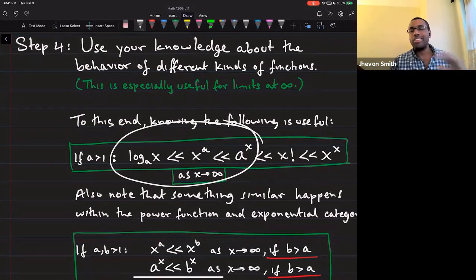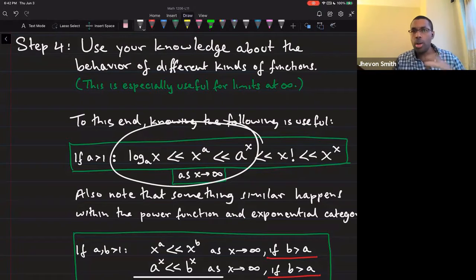They don't matter, right? So if you have an exponential competing with a polynomial and your x value is going off to infinity, an increasing exponential will always beat any polynomial. If you have an increasing polynomial and you're comparing it to a logarithm, it will beat any logarithm. The polynomial will always win against a logarithm, and an exponential will always win against a power function or a polynomial.